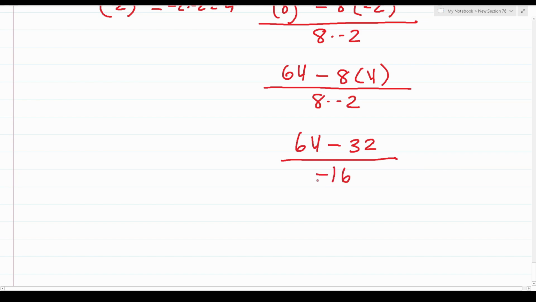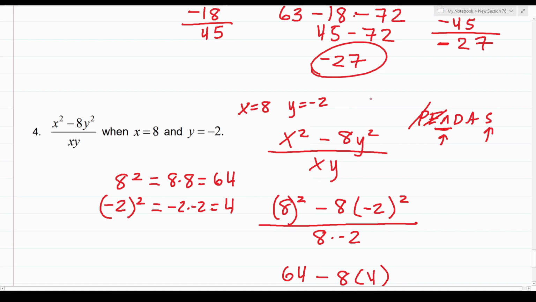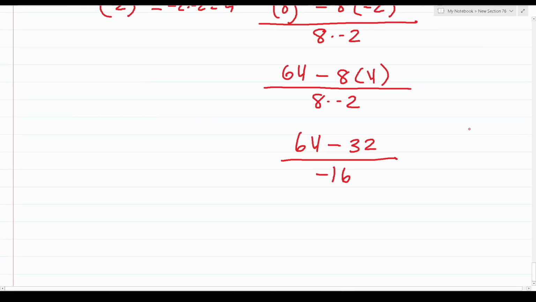All right, so we took care of our multiplication. Now we just have subtraction left, so let's deal with that. We have 64 minus 32. If you can't do that in your head, you can always do it off to the side like this. 4 minus 2 is 2. 6 minus 3 is 3. So this becomes 32 over negative 16.